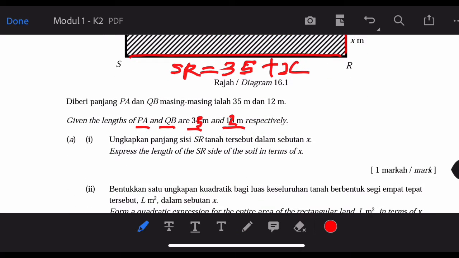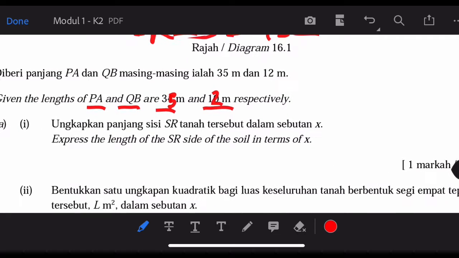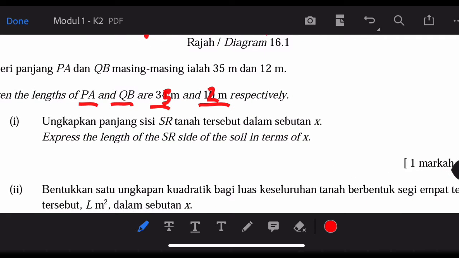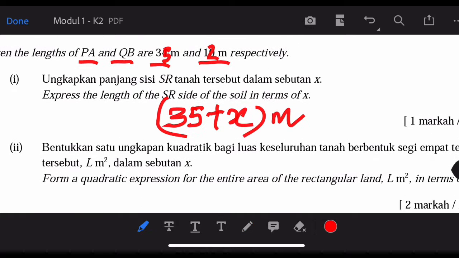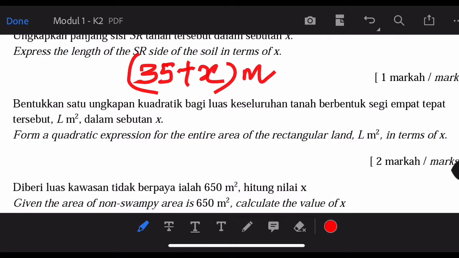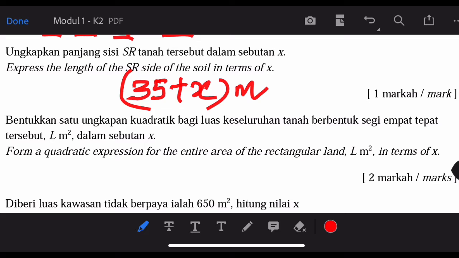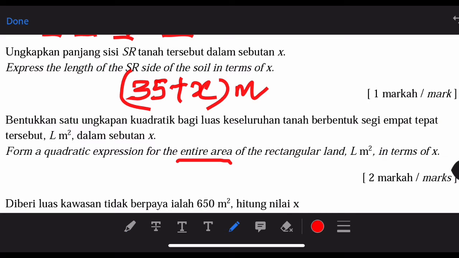So the answer is just SR equal to 35 plus X, which is very simple, right? Okay, that's the answer. Then form a quadratic expression for the entire area of the rectangular land L.